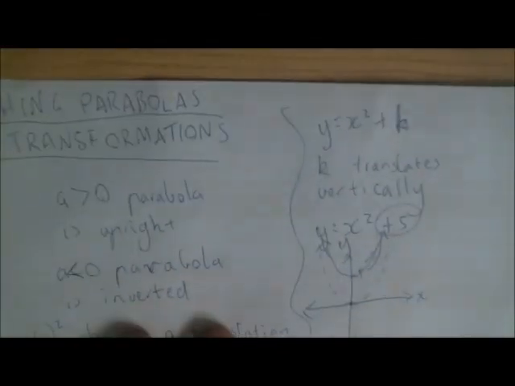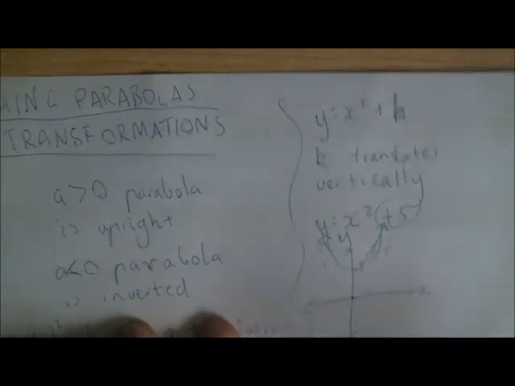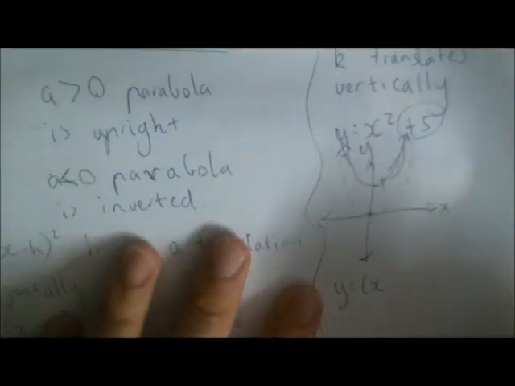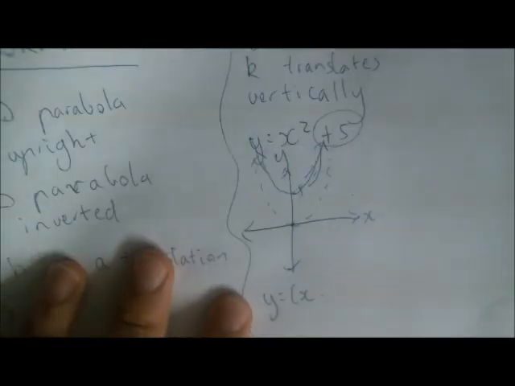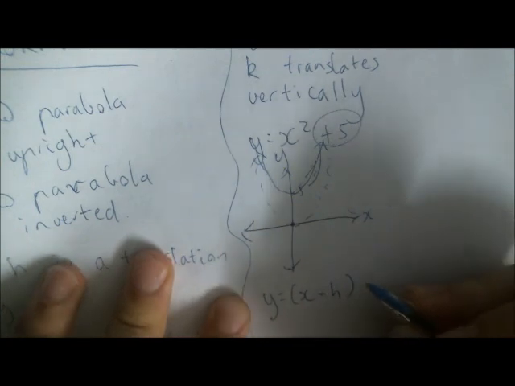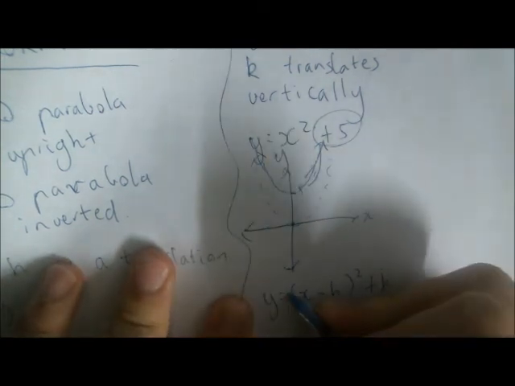So what happens if we put both in the same equation? For example, what if we had y equals a(x minus h) squared plus k, with an a at the front?